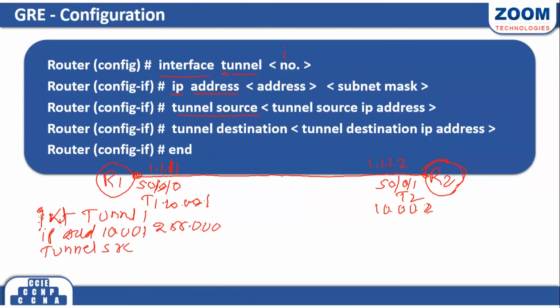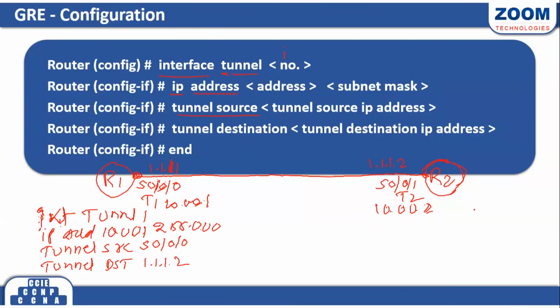Where we created the tunnel, the source is serial interface 0/0/0. And what will be the tunnel destination? For tunnel 1, the destination is not the R2 serial port. The destination should be the unique public IP address of router 2, which is 1.1.1.2.